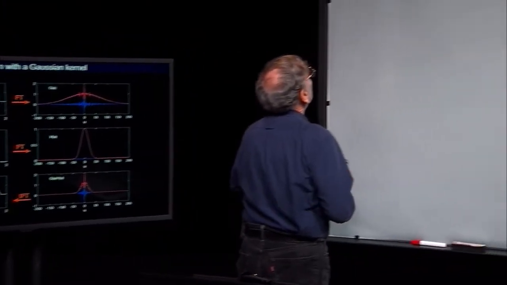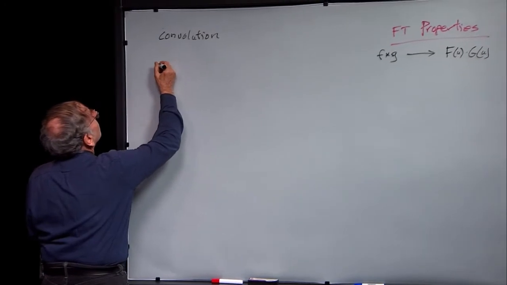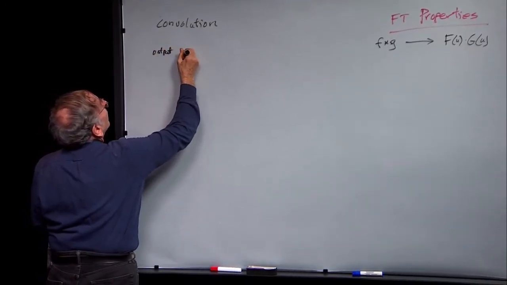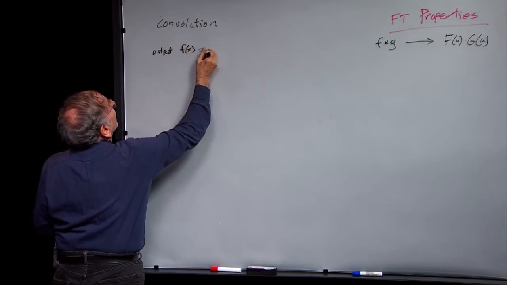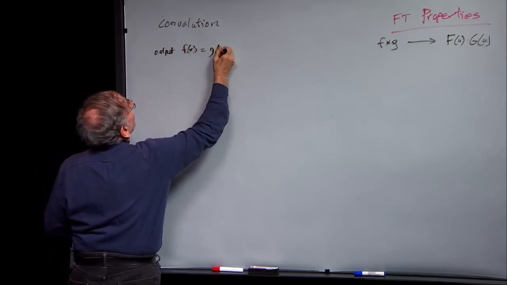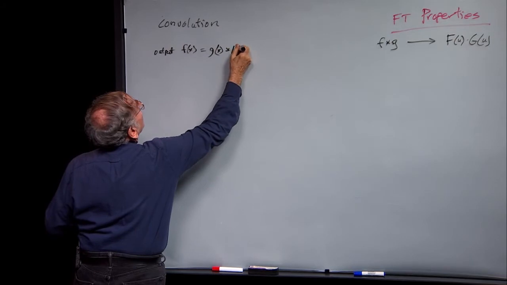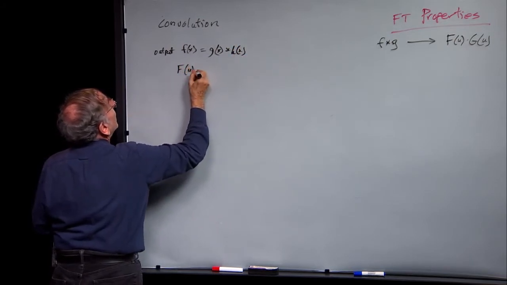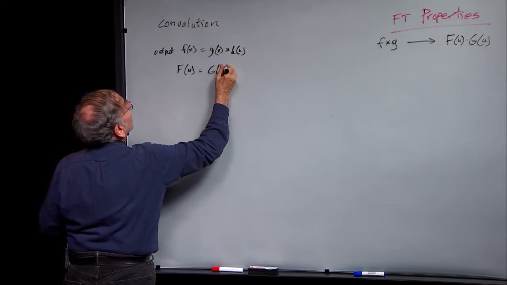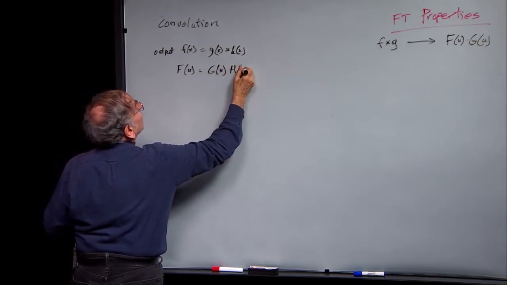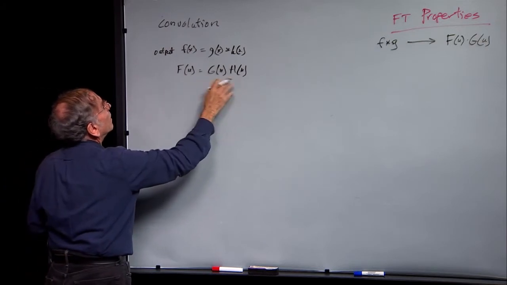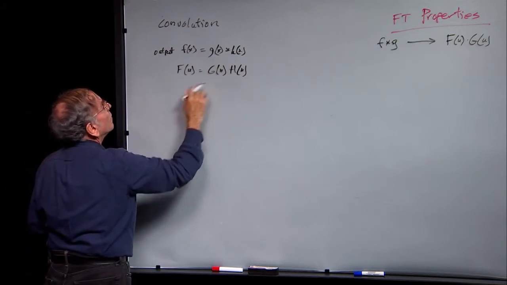But here's what we know. We know that the output function, f of x, it's the convolution of g of x and h of x. And so we know its Fourier transform is just g of u times h of u. And that means that given f, we could recover g.